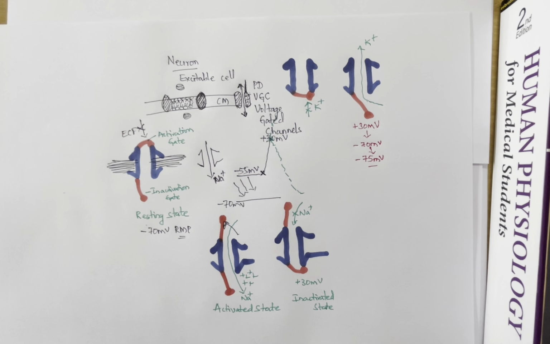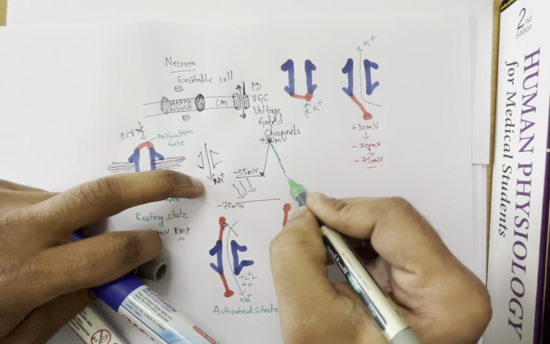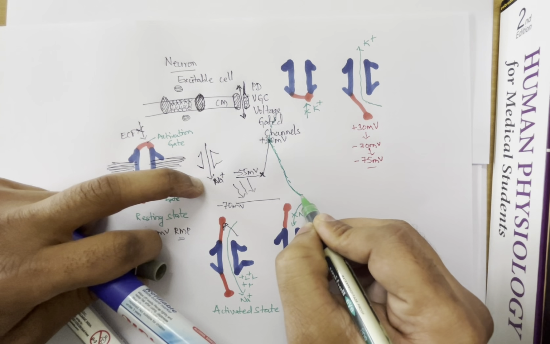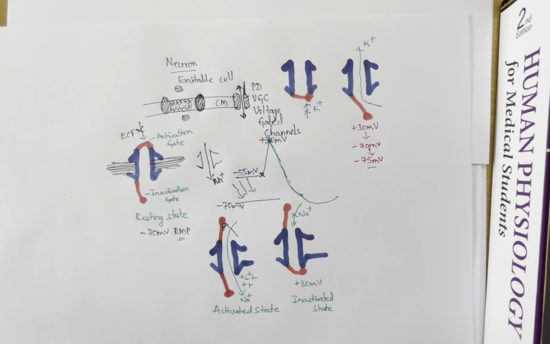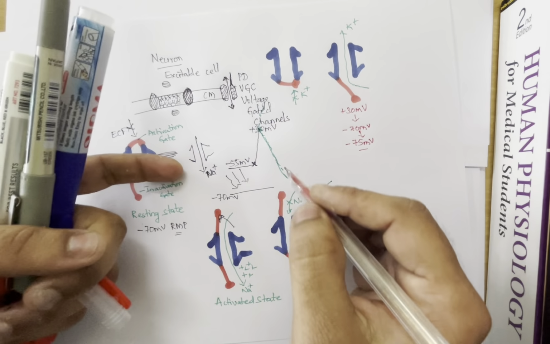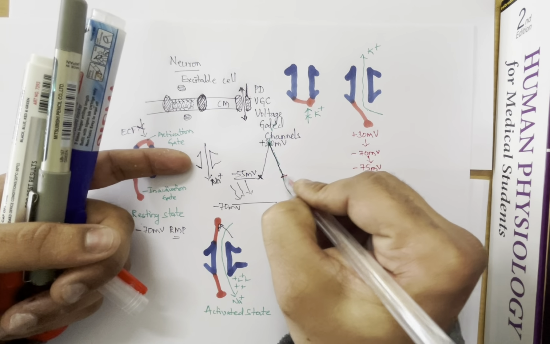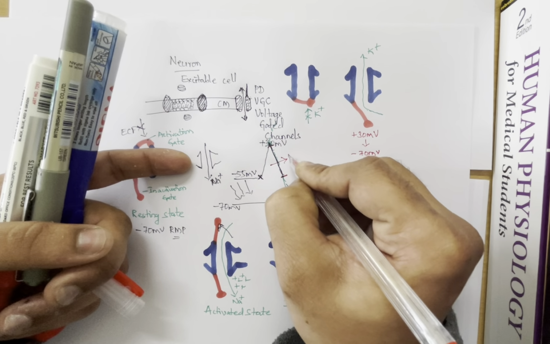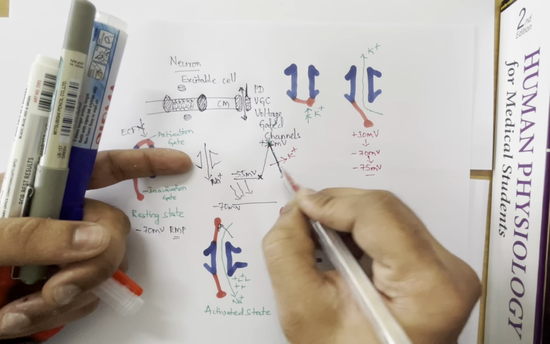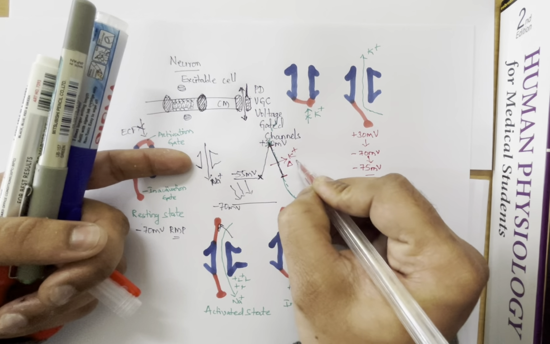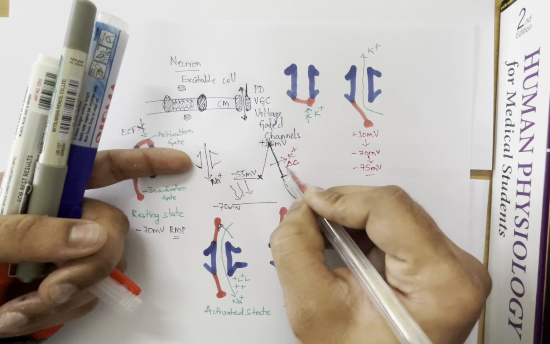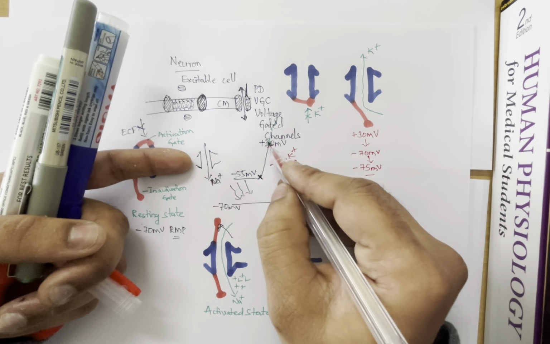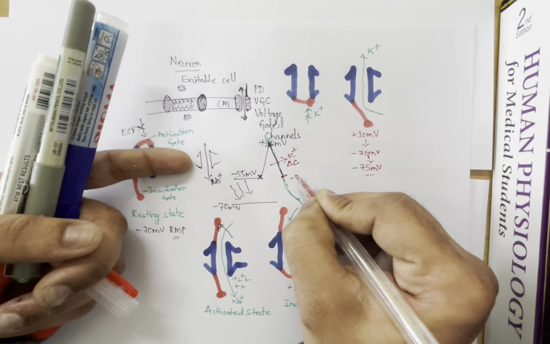So the activation of voltage gated potassium ion channels will result in initial rapid repolarization followed by slow repolarization and hyperpolarization. So there are three mechanisms I am explaining. First, initial rapid repolarization, because along the concentration gradient the potassium efflux is more, and quickly there is repolarization from plus 30 millivolt to around minus 55 millivolt.